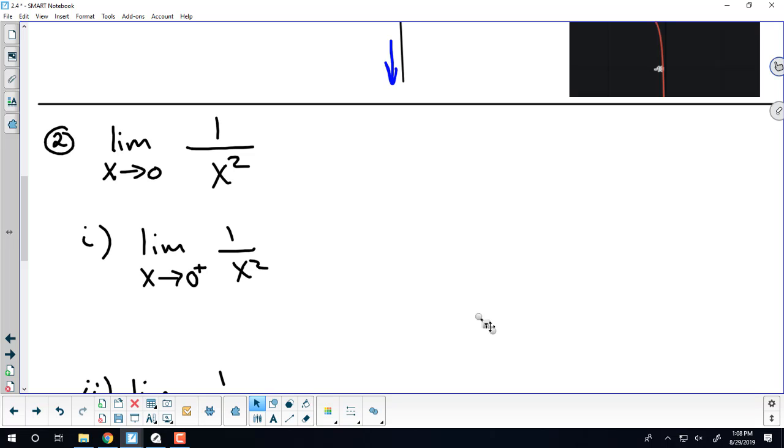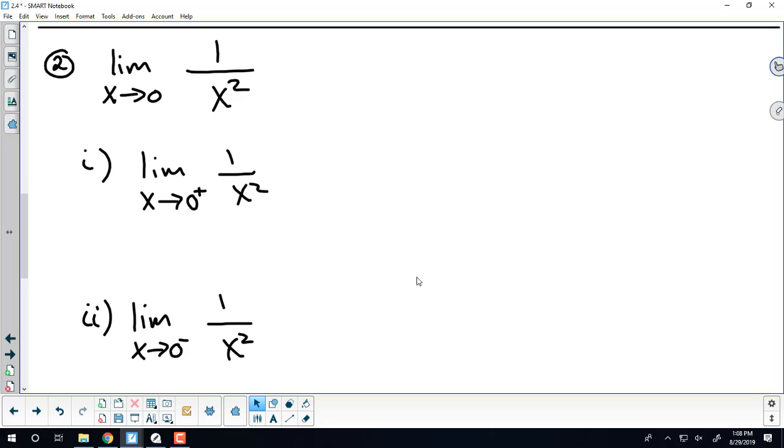We'll look at another example that's a little simplified, just so we can get the idea, and then we'll look at maybe one or two more complicated rational functions.